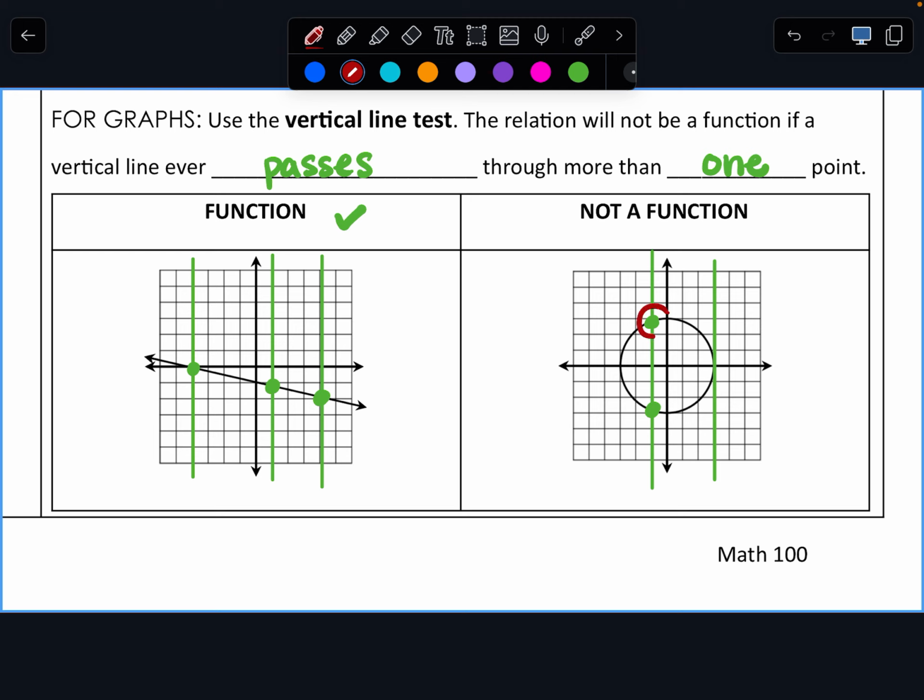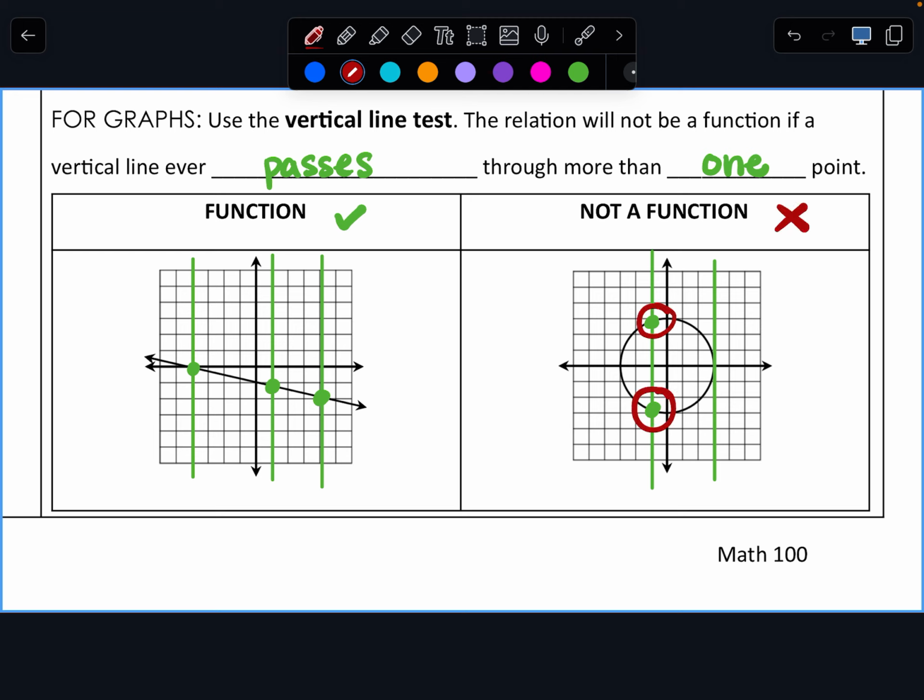So because it passes more than once, this is not a function. In other words, it fails the vertical line test, so it is not a function. So this is a pass of the test, and this is a fail of the test.